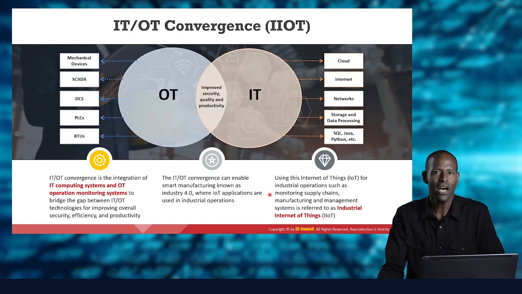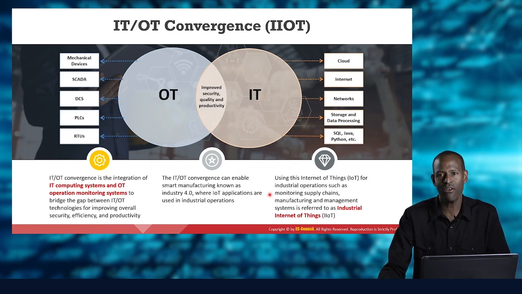Here we have a little bit of the Venn diagram of where IT and OT meet. So on the OT side, we have mechanical devices, robot arms, thinking of that lumber plant again, saws and devices.